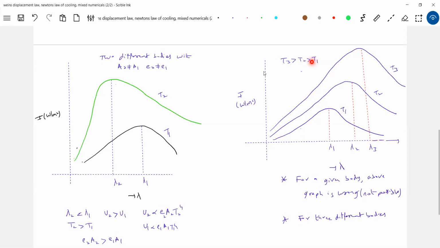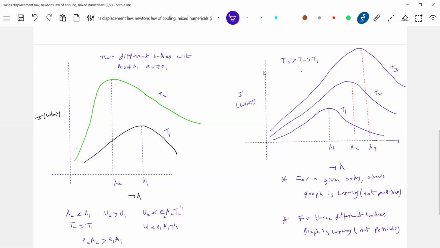According to Wien's displacement law, even if there are three different bodies, T1 must be greater than T2 greater than T3. So for three different bodies, if T1 is greater than T2 greater than T3, then it is possible. Otherwise, the graph is wrong. Not possible.